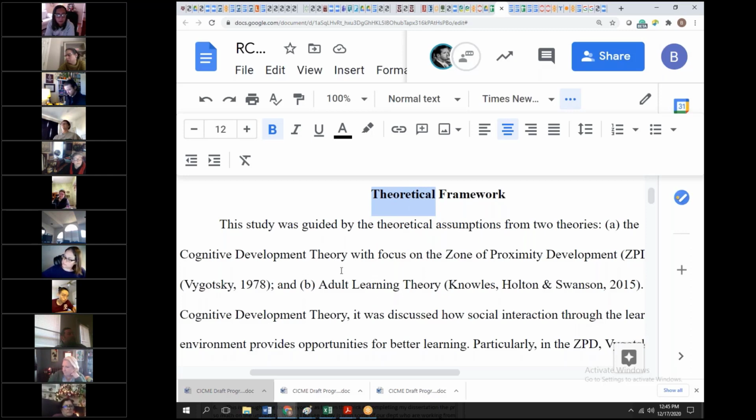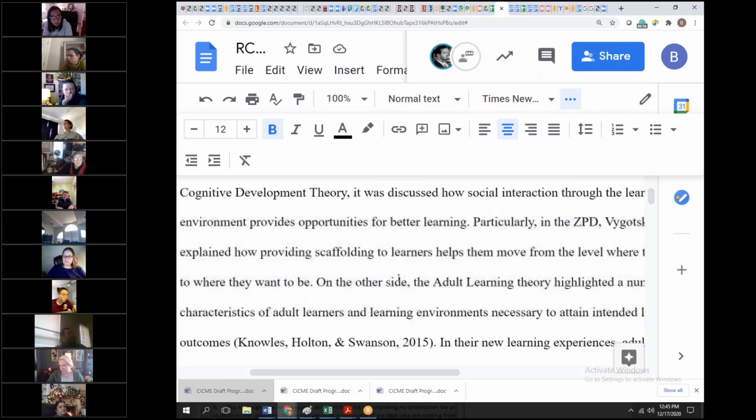But these two are theories, so we can call it a theoretical framework. But what happens is a theoretical framework or a conceptual framework is supposed to guide the research. So I want to know how it's guiding the research, you see. And then when you come back into the discussion, how did it support what you were doing? So you've got to relate that theory or concept, whatever it is, back.